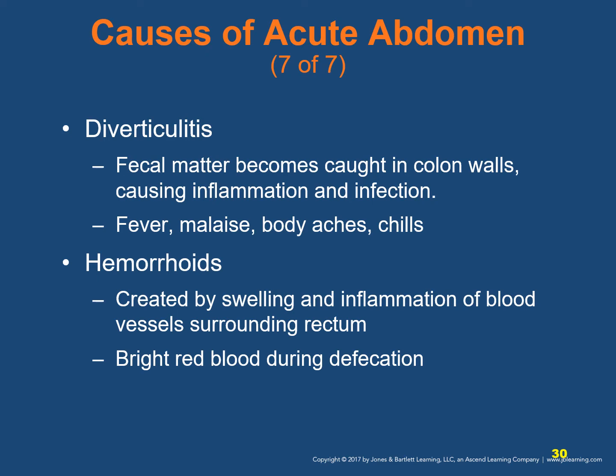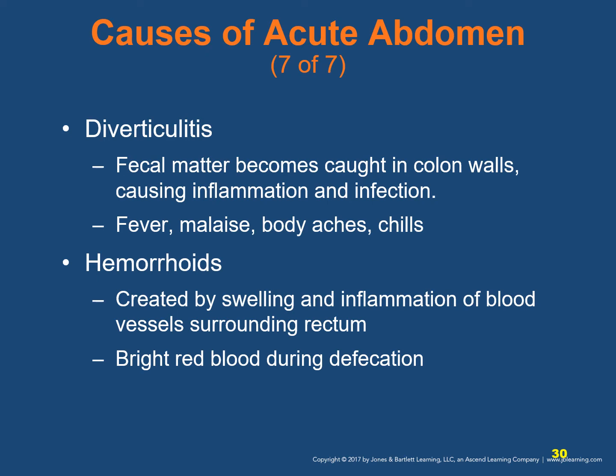Hemorrhoids are an abdominal problem that occur when swelling and inflammation of blood vessels surrounding the rectum produce hemorrhoids, and these may result from conditions that increase pressure on the rectum or irritation of the rectum.